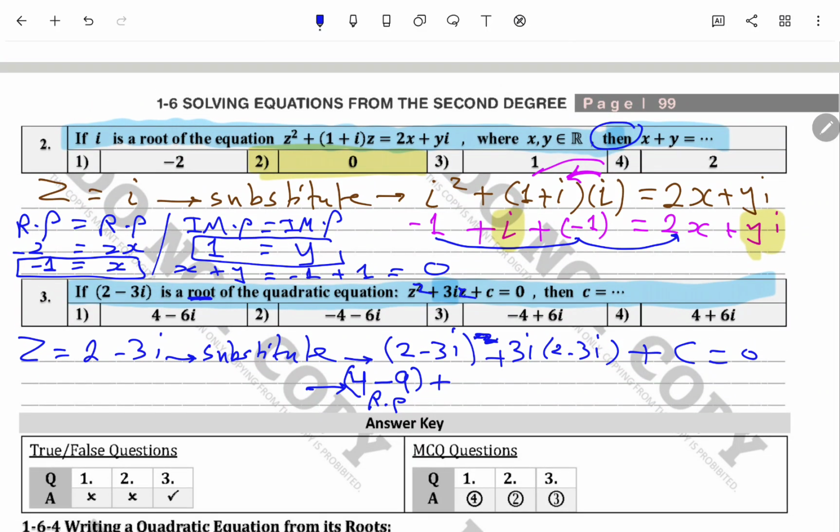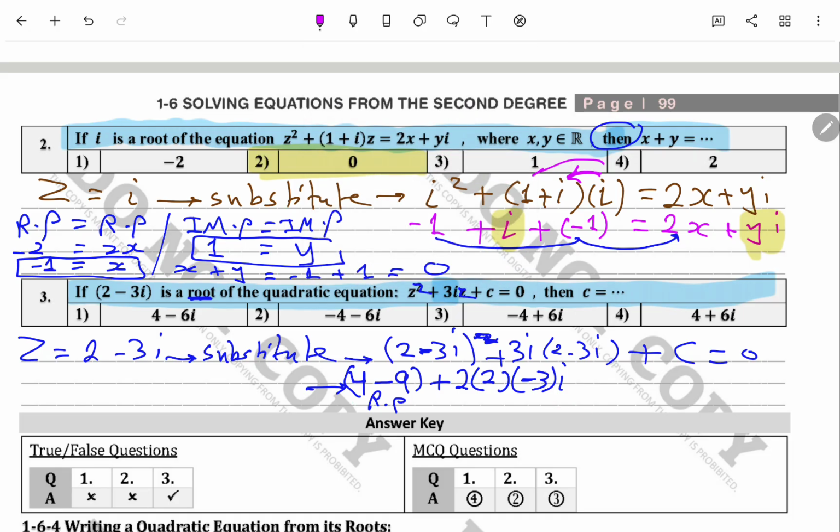Then you can write 2 multiplied by 2 times negative 3 times i. Don't forget to take this negative in a bracket at the end. I am done with expanding the perfect square.